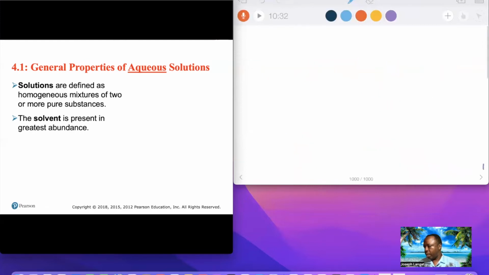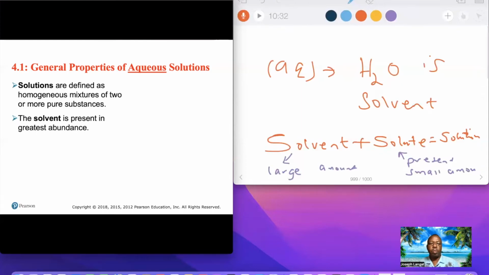You'll cover solutions in detail in Chem 2, but for now, understand that the substance present in large amount is considered the solvent, whereas the other substances are referred to as solute, present in small amount.